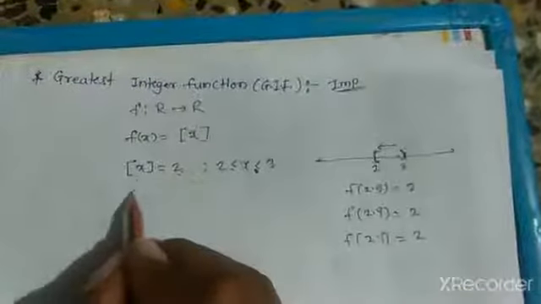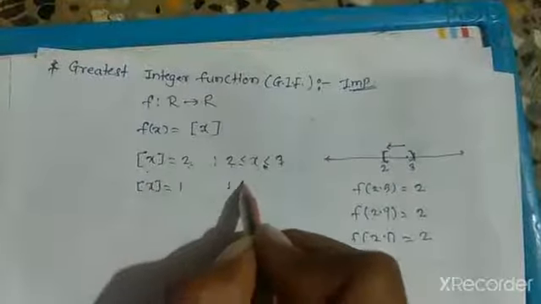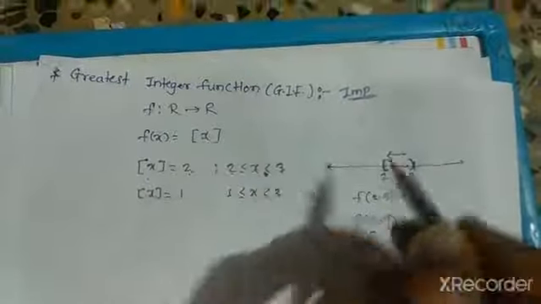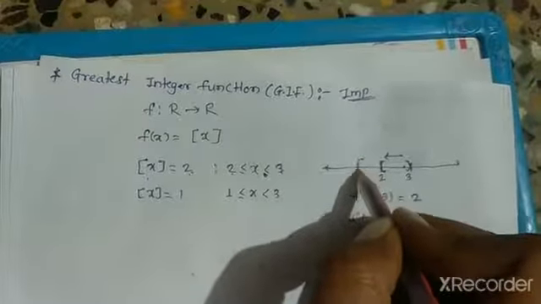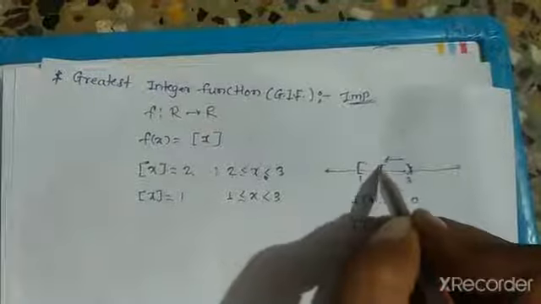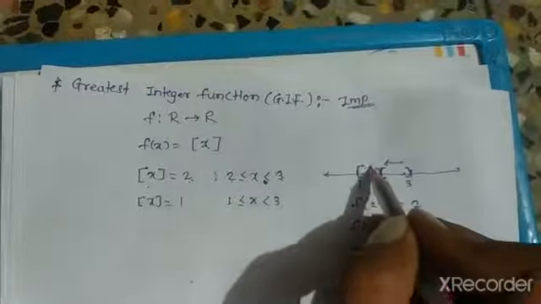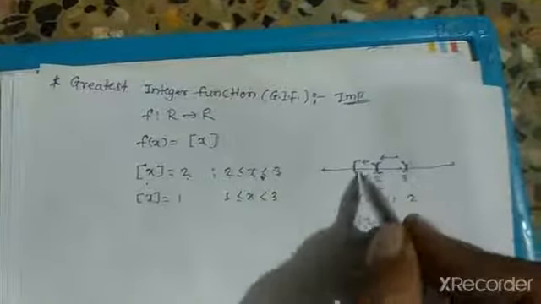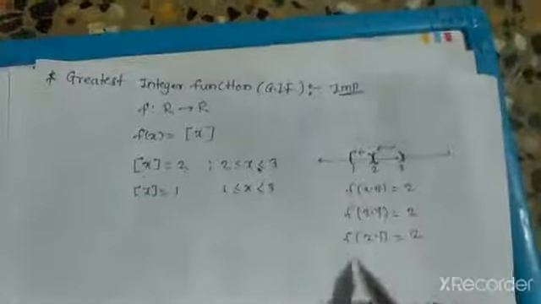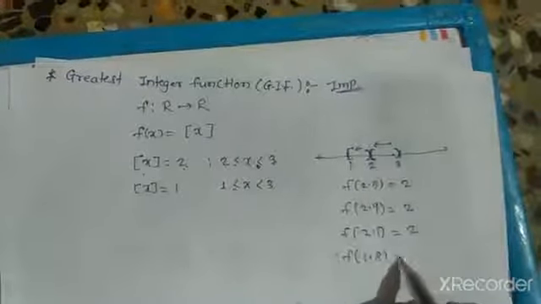Okay, so similarly we can find for x is equal to 1 in the interval 1 less than or equal to x less than 2. That means it lies between 1 and 2. It is closed here and open here, which means it is nearer to 2 but not 2. So on its left side there is the integer 1, so for any value between, like f of 1.8, its greatest integer function is 1.